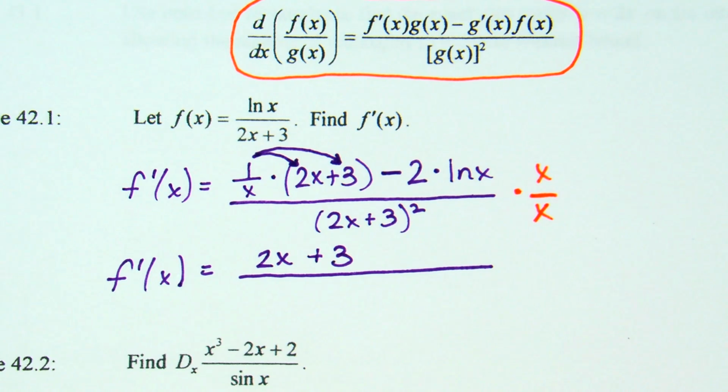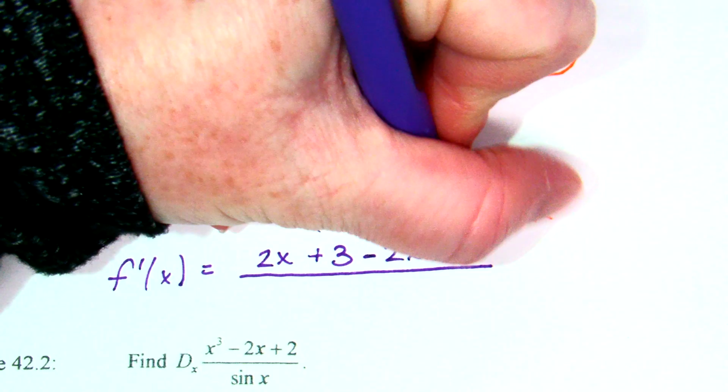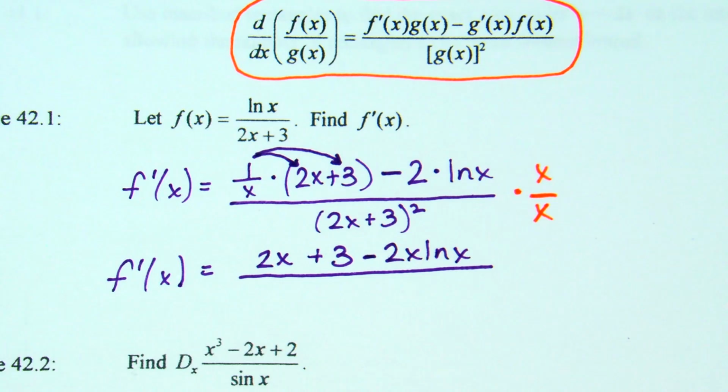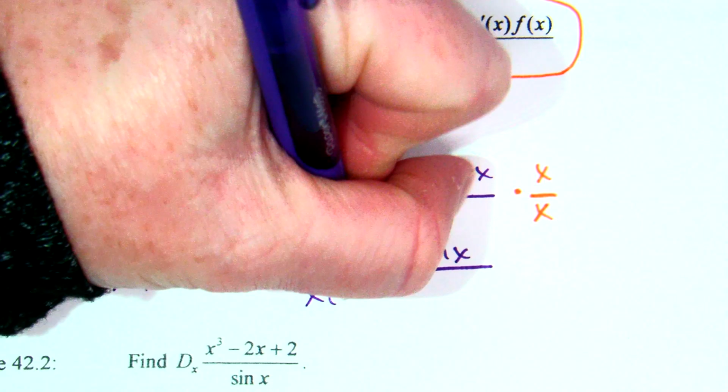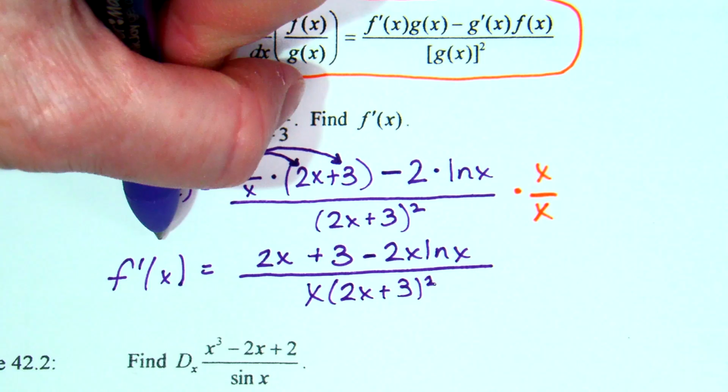Yes, 2 times ln x is 2 ln x. Times an x in there, make it minus 2x ln x. And denominator? It's 2x plus 3 quantity squared times x just means an x out front. So x times 2x plus 3 quantity squared.